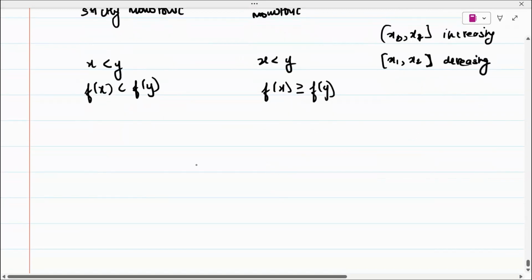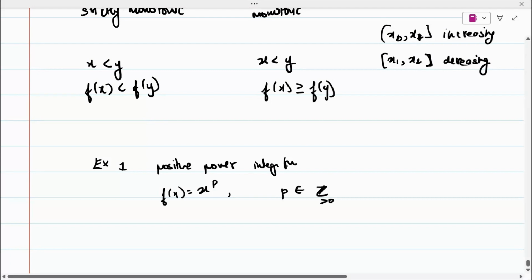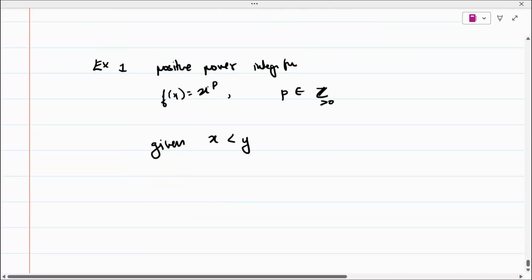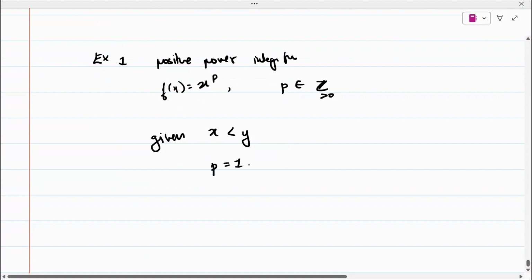For an example, the book gives the example of x to the power alpha, with alpha an integer. Let me prove this by induction, say for one.